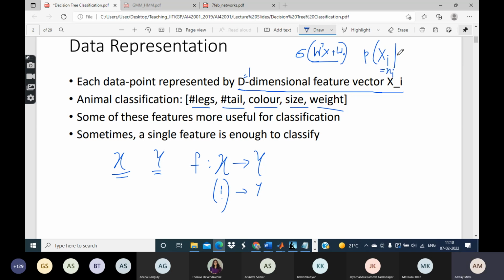That is, if the class of the animal is, say, cat, then what is the probability that its first feature, namely the number of legs, is 3? These kinds of questions you will ask, right?